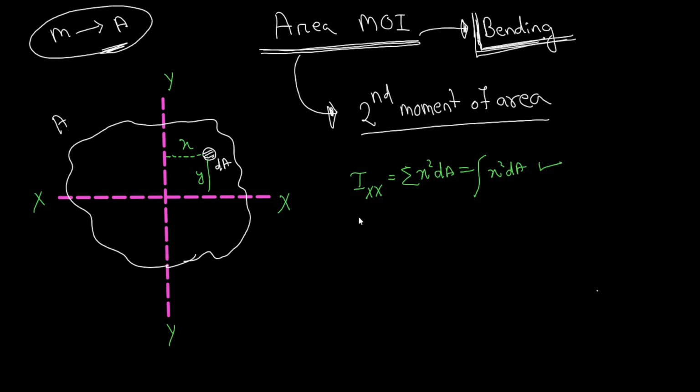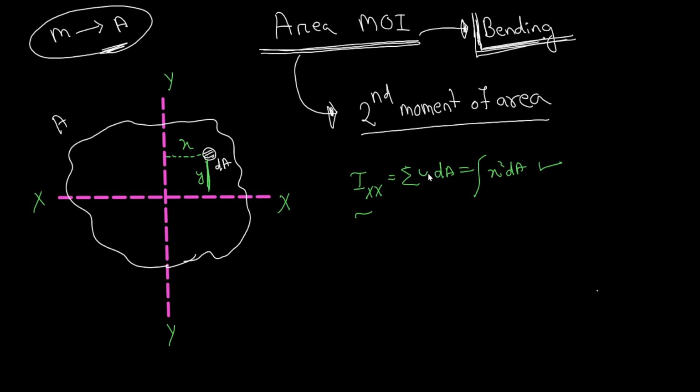If you want to calculate about the y axis, you will take the summation about the y axis. Sorry, there is a mistake. Over here you are calculating the moment of this area about the x axis. So the perpendicular distance is nothing but y.